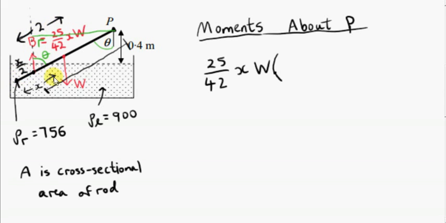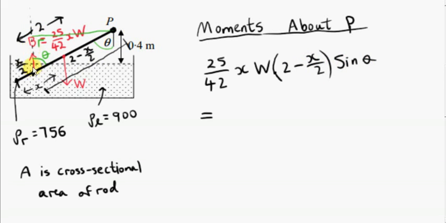So the hypotenuse of this right angle triangle is 2 minus x over 2. So we multiply the hypotenuse, 2 minus x over 2, by the sine of theta. That will give us the perpendicular distance of P to the line of action of B.